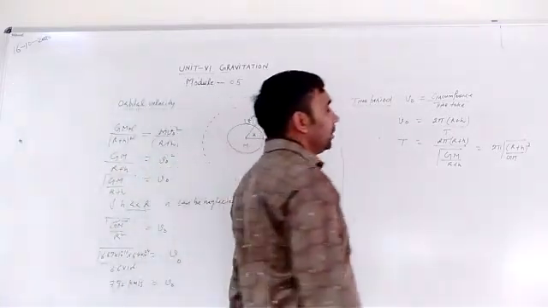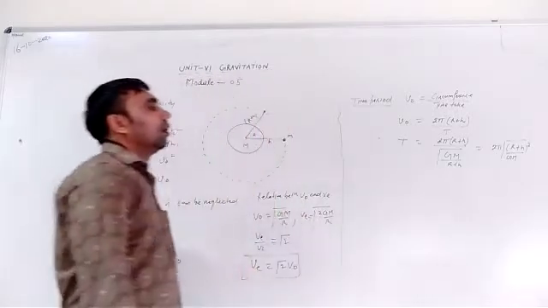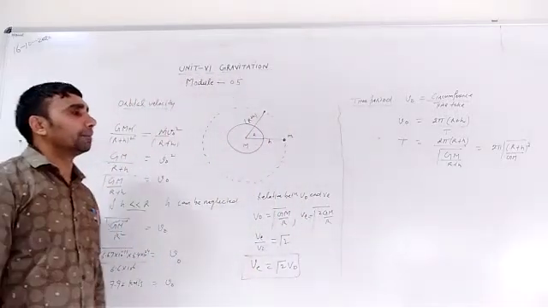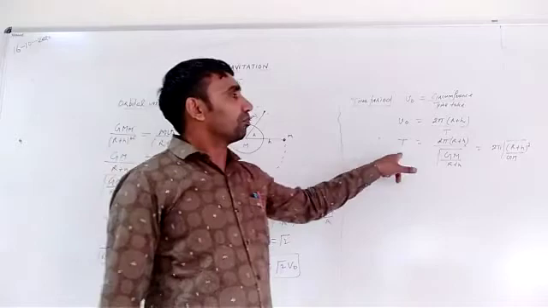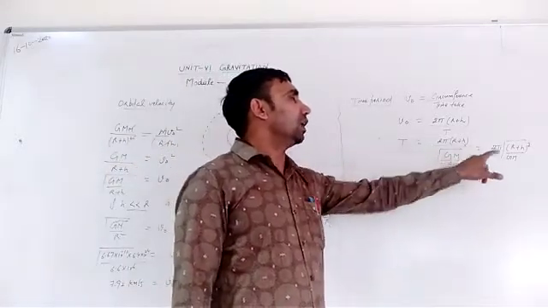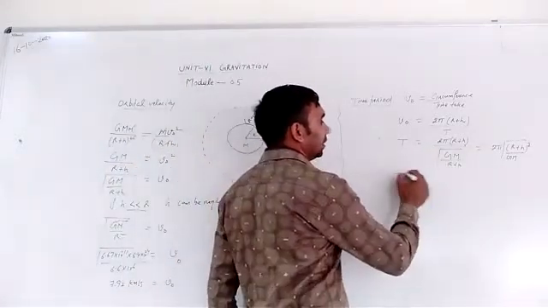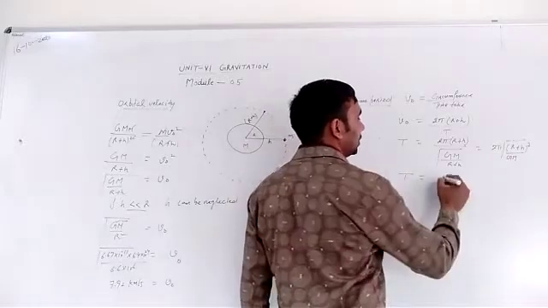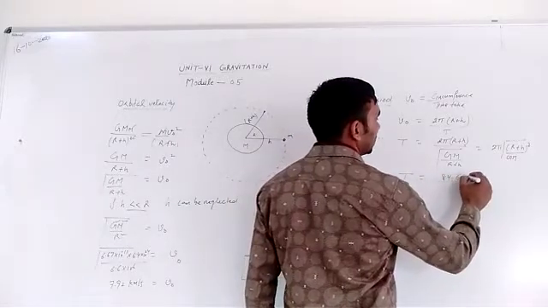This is the time period of satellite. Putting the values, we get the time period of satellite around the Earth, that is 84.6 minutes.